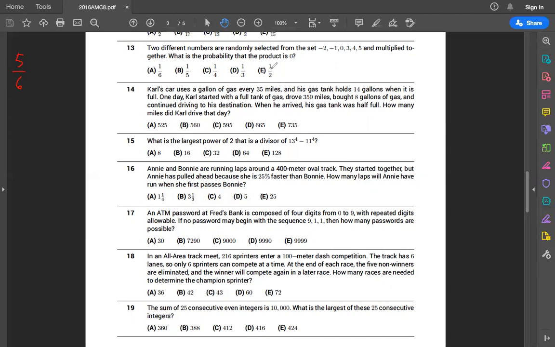The other 5 times, you'll get -2, -1, 3, 4, or 5. And for the second number, one of the numbers has already been chosen, and we decided it wasn't 0. So the probability that the second number is also not 0, there's only 5 numbers left, and 4 of them are not 0.